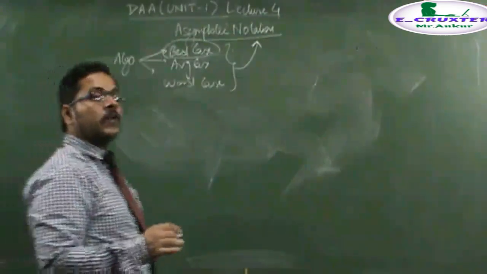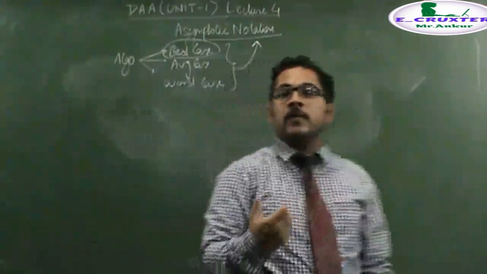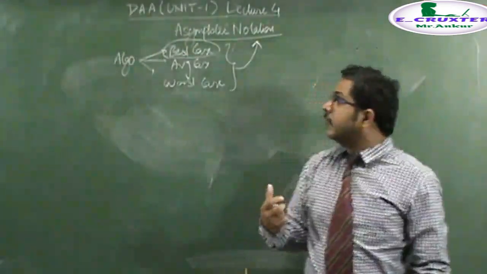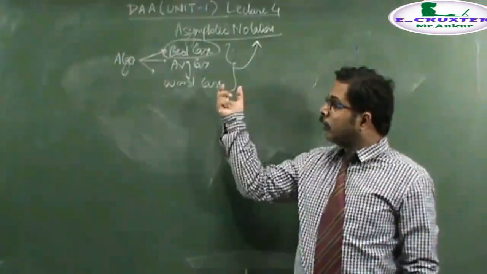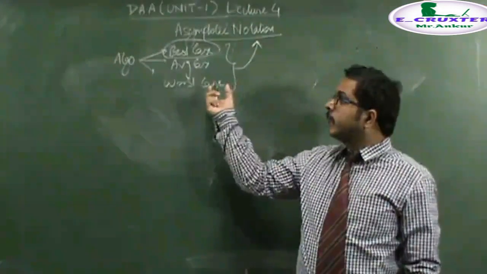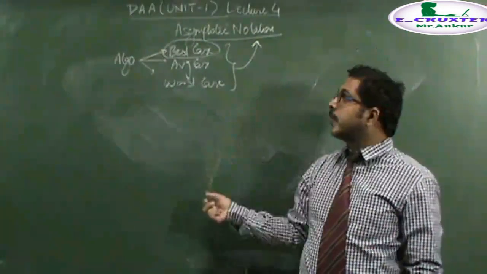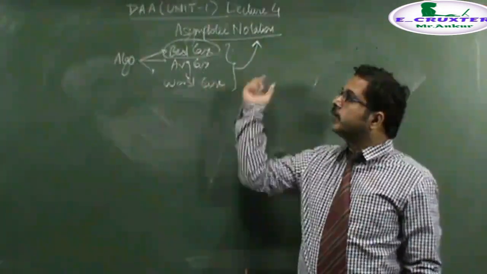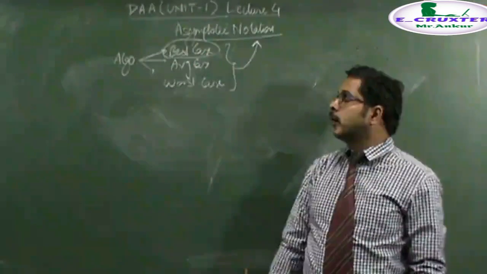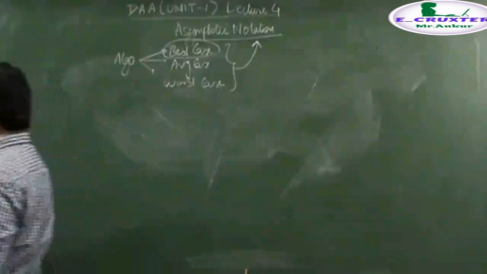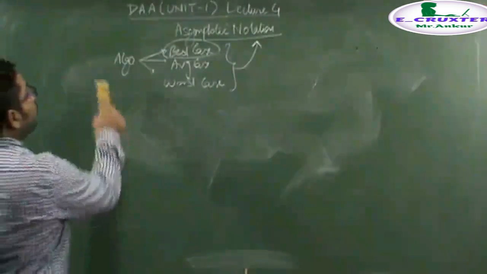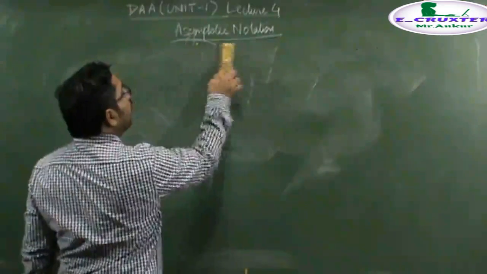They cover the best case, which is the lower bound or minimum time, the worst case, which is the upper bound or maximum time, and the average case, which is the average time.